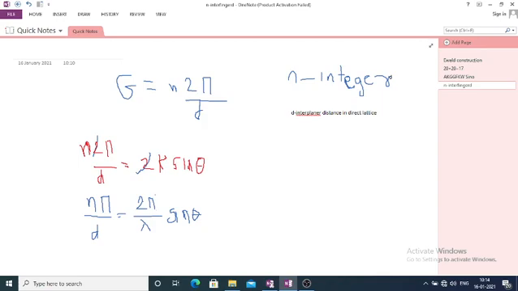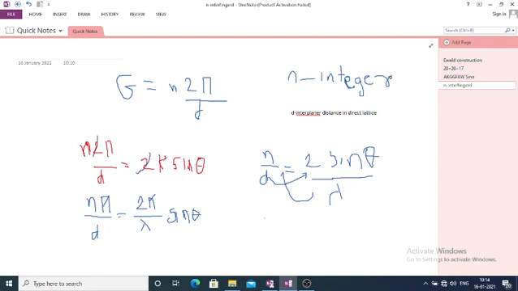So once again pi will be cancelled. The remaining term is n upon d is equal to 2 sin theta divided by lambda.